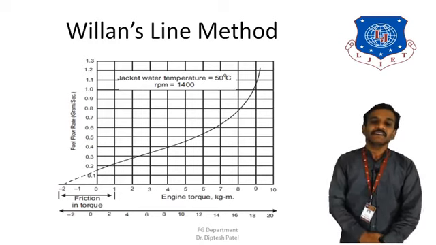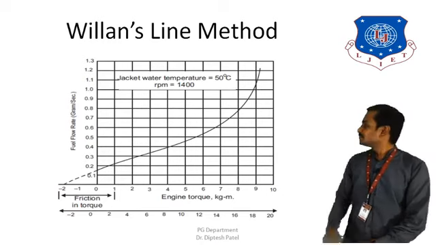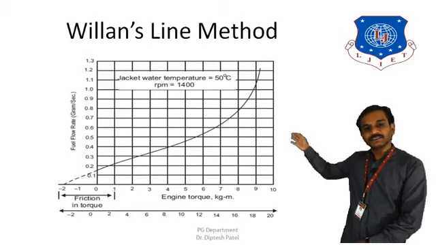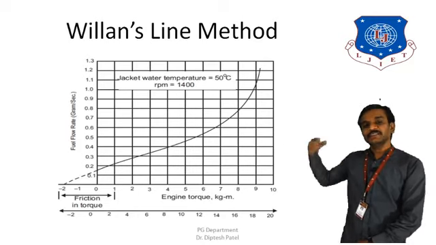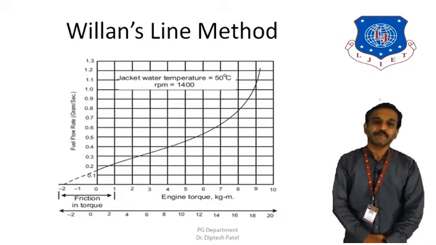Wherever it intersects the negative side is taken as the friction power. So you can see the friction torque is described on the negative side of the engine torque, and that is taken as the friction torque or friction power.